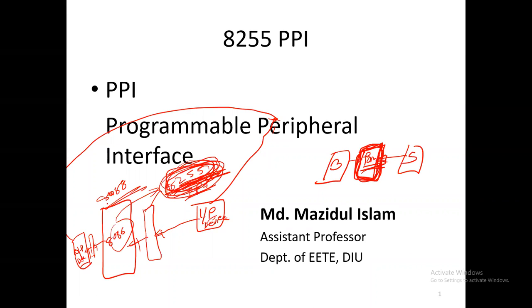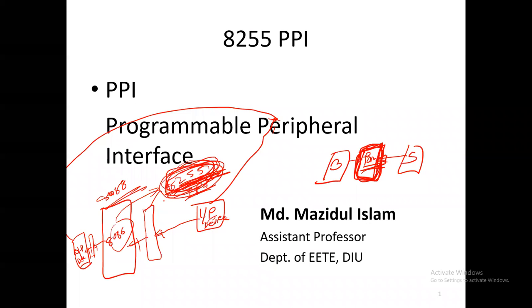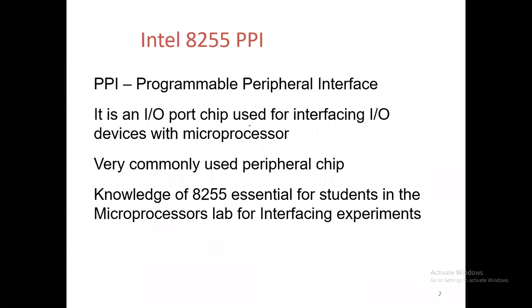So now we understand the PPI, programmable peripheral interface. This is the IO port chip used for interfacing IO devices with a microprocessor. We already discussed this. This is the peripheral and IO device interface part. Okay, clear?